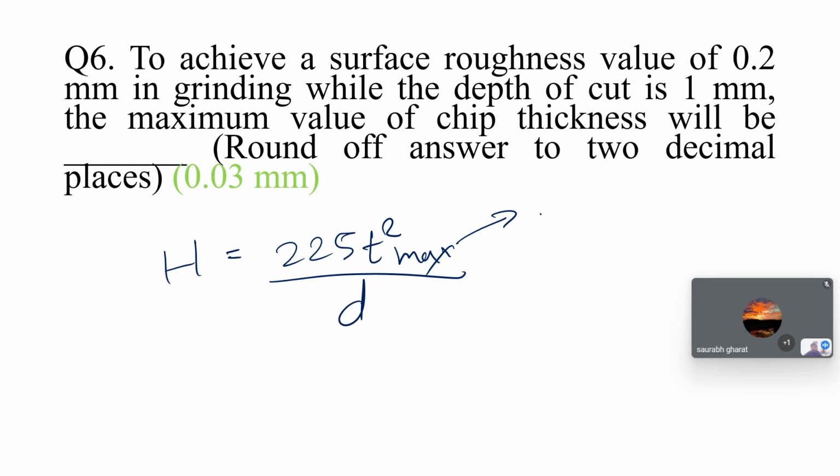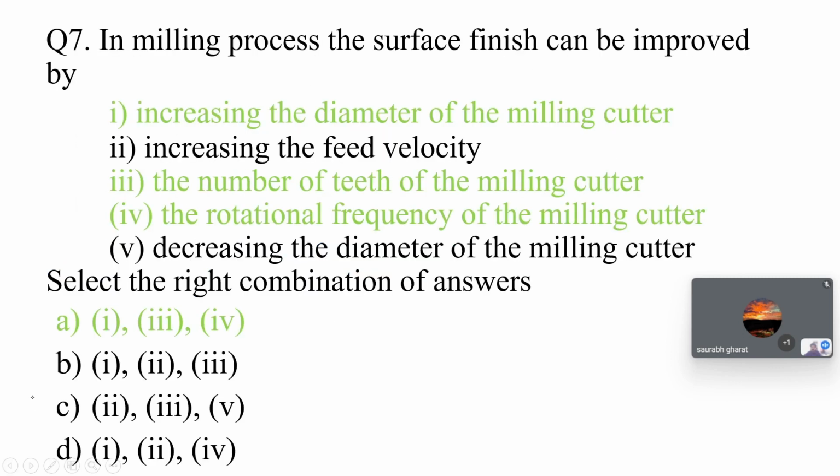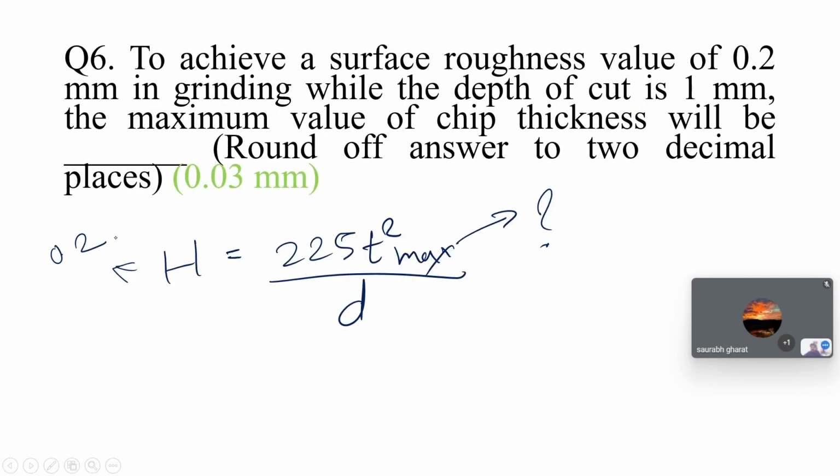T max you have to calculate, and H you have here. H will be 0.2, and your D, the depth of cut, will be 1 millimeter. So we have everything here.